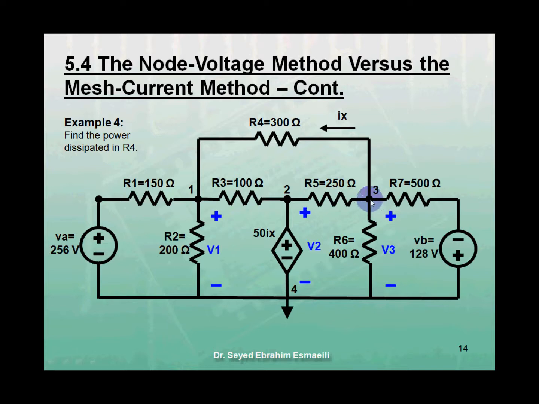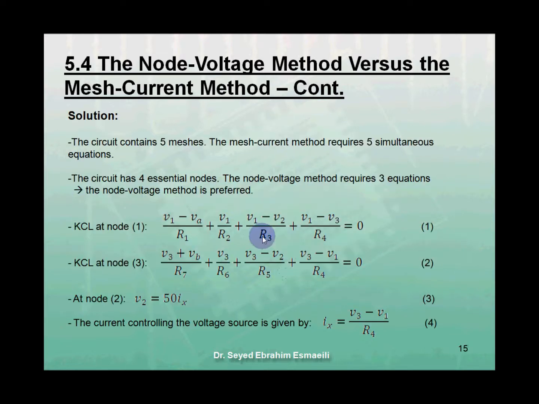At node 3, we have this equation: V3 over R6 plus (V3 minus V2) over R5 plus (V3 plus VB) over R7 plus (V3 minus V1) over R4 equals 0. At node 2, we have V2 equals 50 Ix, and for the dependent voltage source, we have Ix equals (V3 minus V1) over R4. These are the 4 equations obtained.